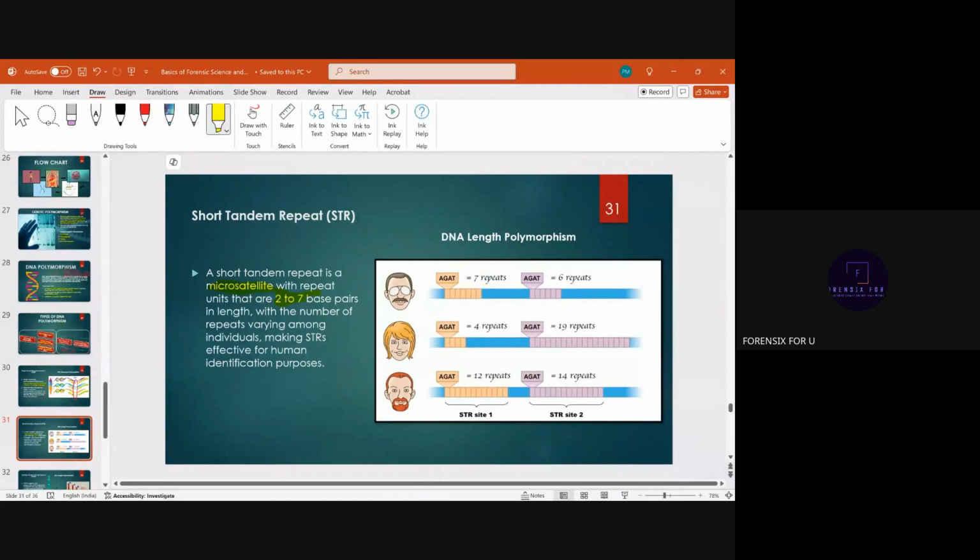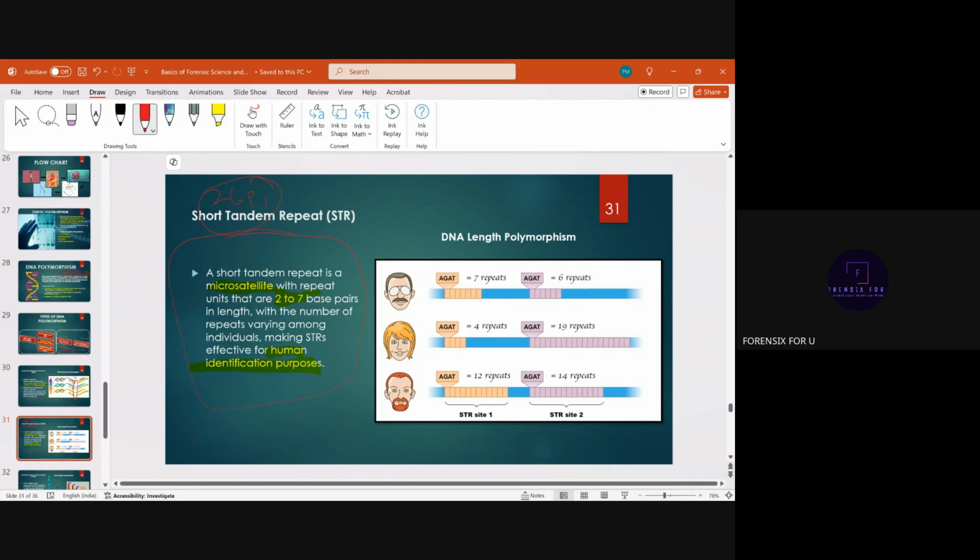Short tandem repeats are microsatellites consisting of 2 to 7 base pairs in length, with the number of repeats varying among individuals, making STRs effective for human identification purposes. This is the reason why we are using the 26+1 CODIS system, because this is ideal for human identification.